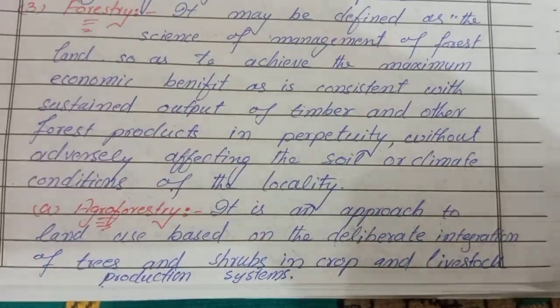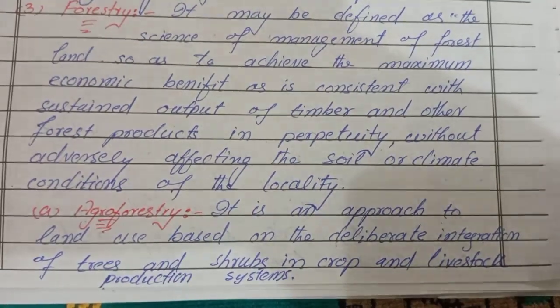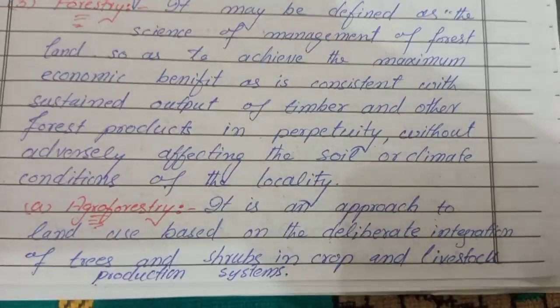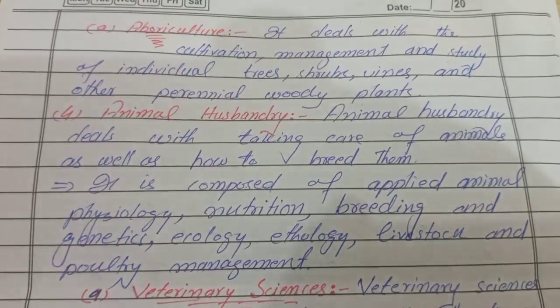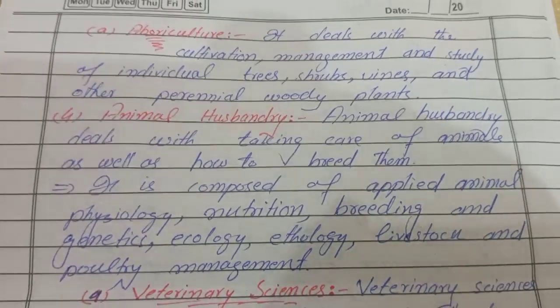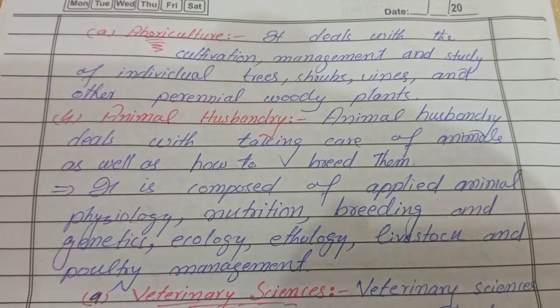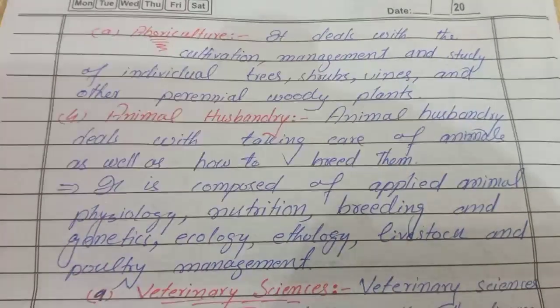It is an approach to land use based on deliberate integration of trees and shrubs in crop and livestock production systems. The second sub-branch of forestry is arboriculture. It deals with the cultivation, management and study of individual trees, shrubs, vines and other perennial woody plants.